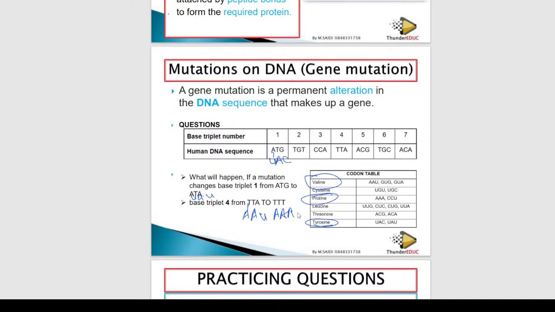You see now, it has changed. It's only A which changed here, but it changed from valine to proline. You understand? So basically, now it means that a different protein will be formed.